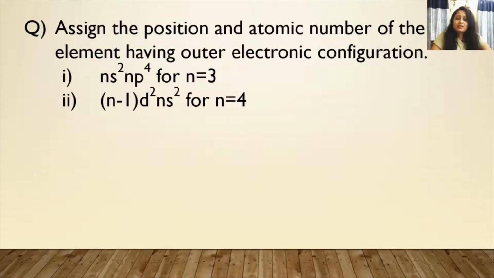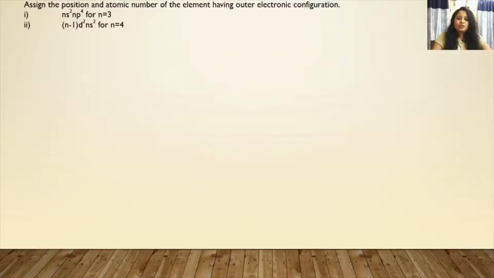The question is, assign the position and atomic number of the element having outer electronic configuration. The first part is ns2 np4 for n is equal to 3. So let's take the first question.